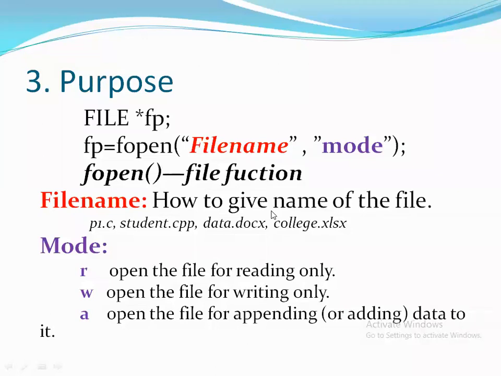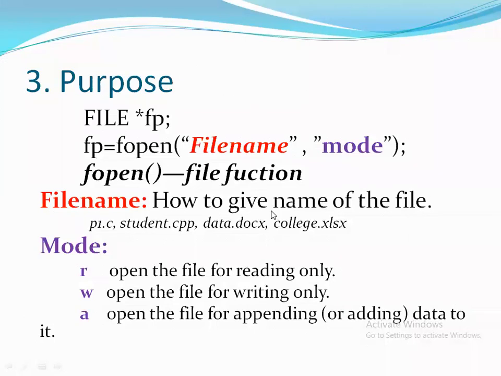Next, come to the file mode. The second part, the mode, is very important. All parts are important, but the mode specifies the purpose. For what purpose are we opening the file? For reading, for writing, or to add something? Suppose you have to store some student information, and previously there is no student information in my system.